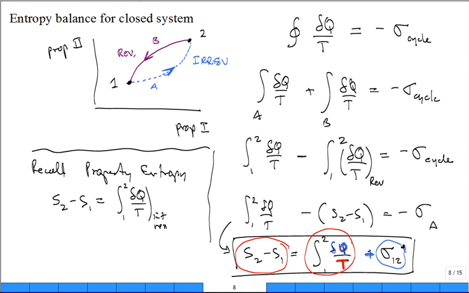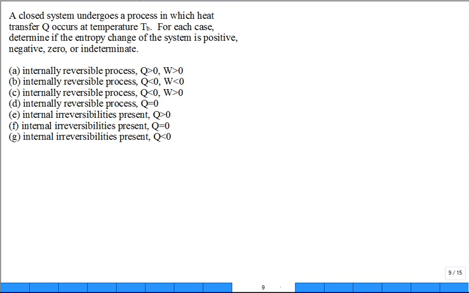So you have a lot of multiple choice questions coming at you, right? Because you can change it up. A closed system undergoes a process in which heat transfer Q occurs, and that heat transfer Q is positive into the system. If it's negative, it's out of the system. At a temperature TB, so here's our temperature TB.